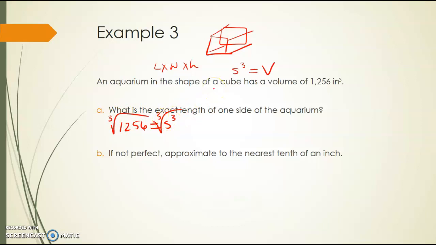Now 1,256 is not on the list that I gave you, so then we go to our handy dandy calculator, and on your calculator there is a button that is called second, and you'll push it, and then you're gonna push the key. And if you need me to help you with this, bring me the calculator, but on yours I believe it has an X inside the root symbol.